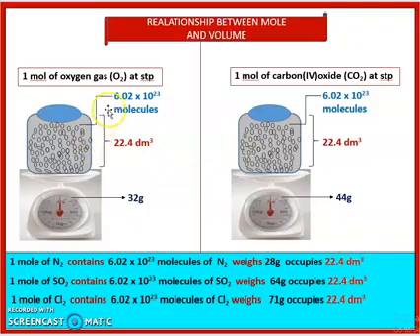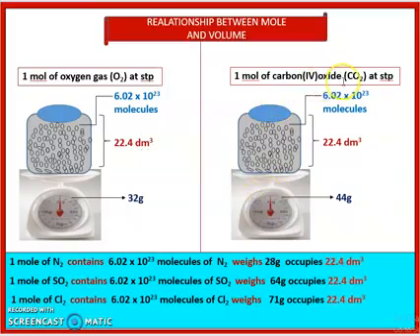Just like you know that the molar mass of oxygen is 32, it weighs 32, which is the mass of 1 mole. And 1 mole of oxygen contains 6.02 times 10 to the power 23 molecules of oxygen. And the space these particles occupy is 22.4 dm3 volume.